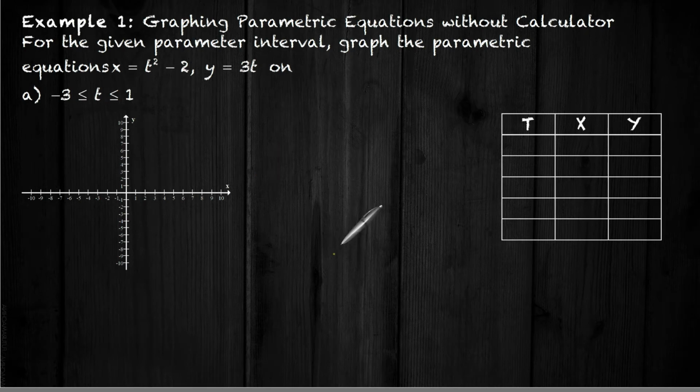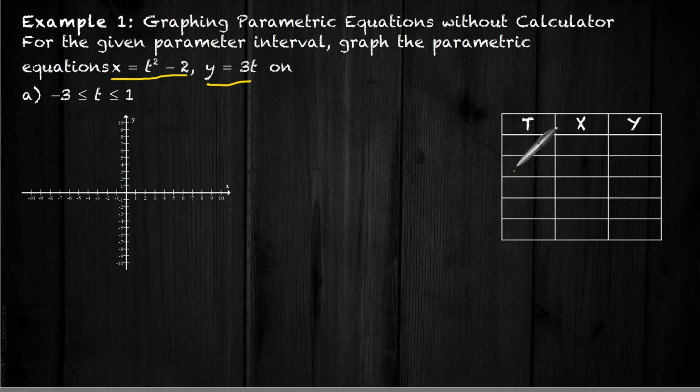So in this first example, we want to see how parametric equations work. Here we have x equals t squared minus 2, and y is equal to 3t, and we want our time to go from negative 3 to 1. And so basically the way this works is you have various values of time.